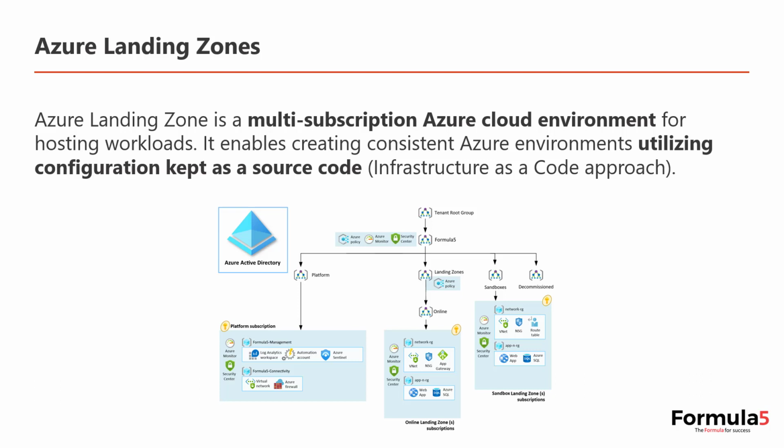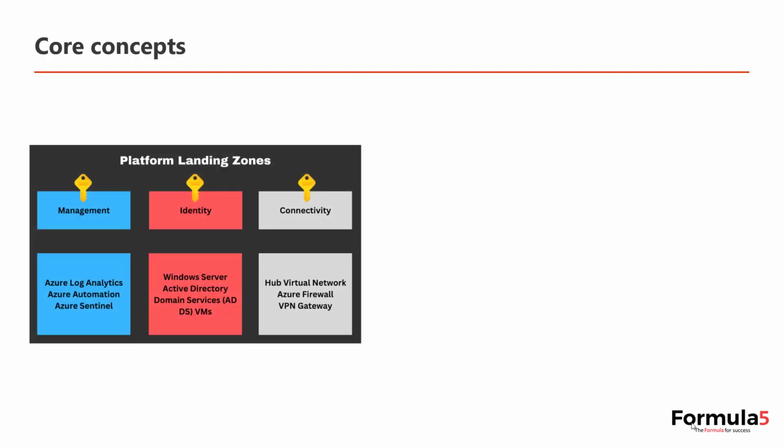Thank you so much, Jack, for this brief explanation. Great. So now let's dive into platform landing zones, Jack. You mentioned that there are those different platform landing zones responsible for management, identity, connectivity. So for instance, when we talk about management, we can talk about Azure Log Analytics, Microsoft Sentinel.